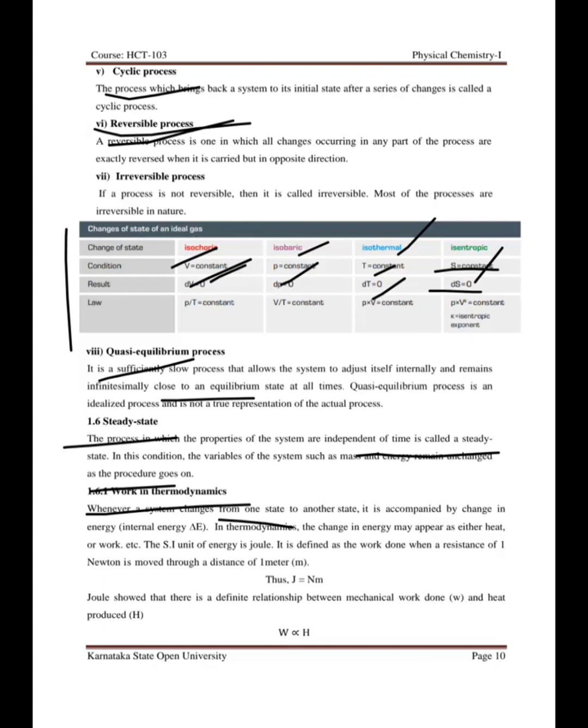It is accompanied by a change in energy, so some internal energy changes will take place. The energy changes taking place inside the system are measured in joules. A joule is equal to a newton meter. Joule showed that there is a definite relationship between the mechanical work done and the heat produced.